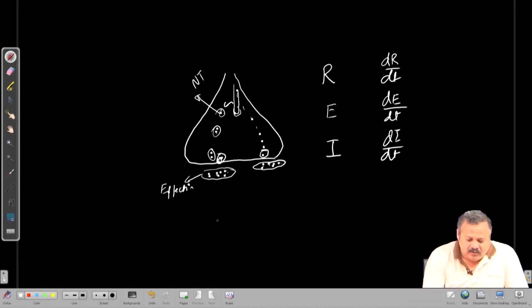That is where, with a spike on the presynaptic side, with every subsequent spike we see a decrease in the size of synapses until saturation, until an asymptotic size is reached.